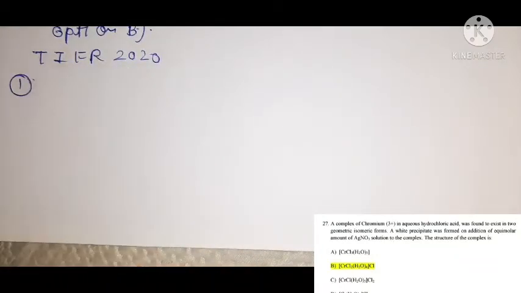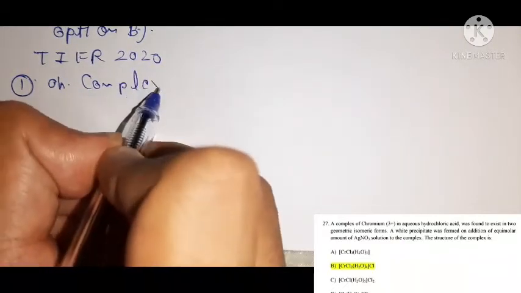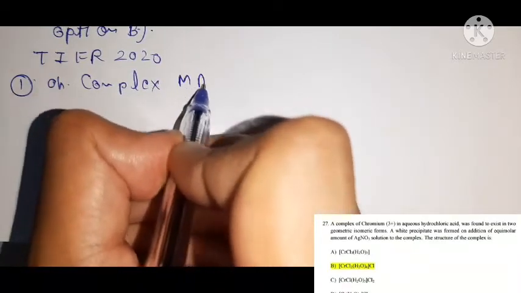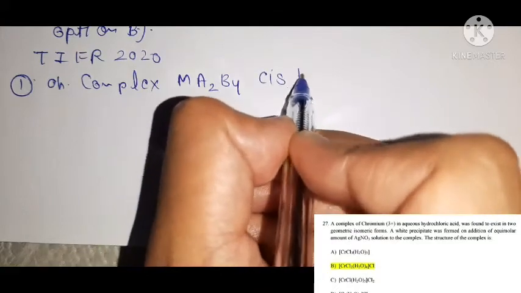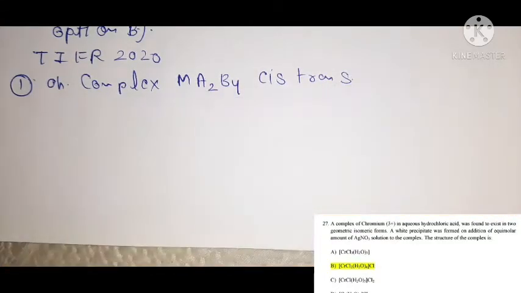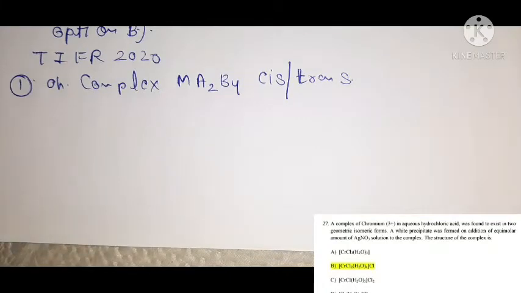So in coordination chemistry, we know very well that in the case of an octahedral complex, the complex type Ma2b4 shows geometrical isomers, that is cis and trans. These cis and trans isomers depend on the position of the two identical ligands.